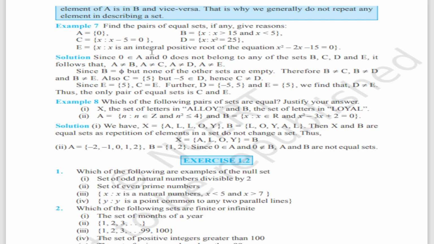E is still singleton 5. Okay, so that is why C is equal to E. For that one should know how to solve this quadratic equation, and how to find the positive root. They are saying integral positive root. We are talking about the positive root, not the negative, although it has two roots, and that is plus 5.